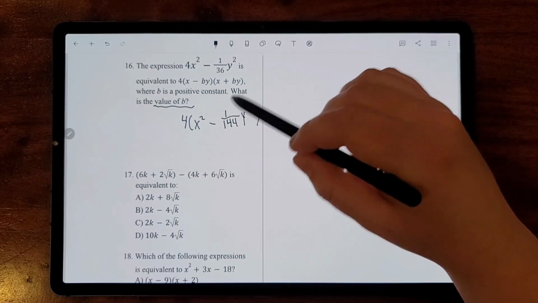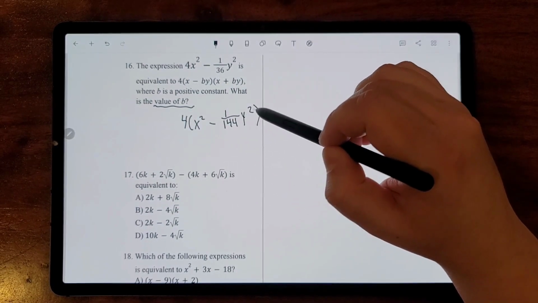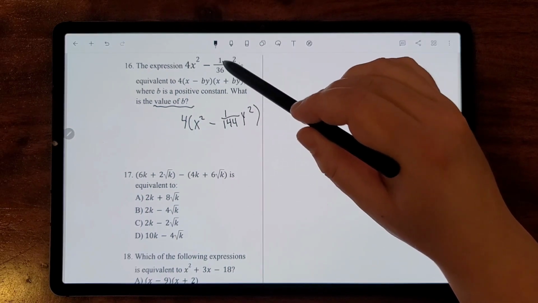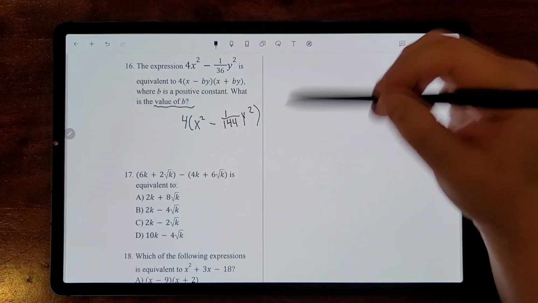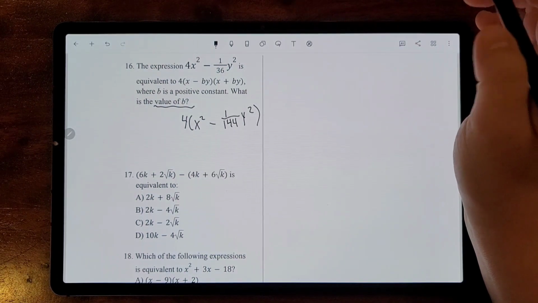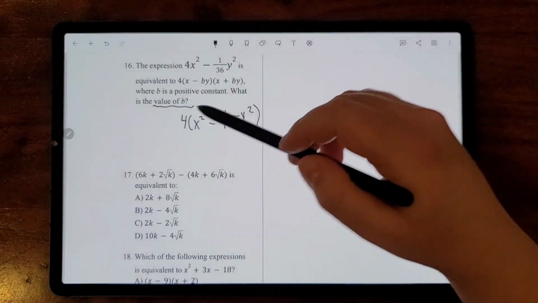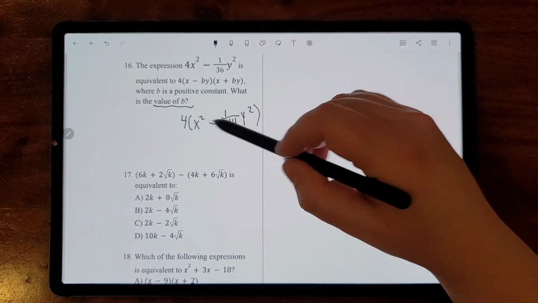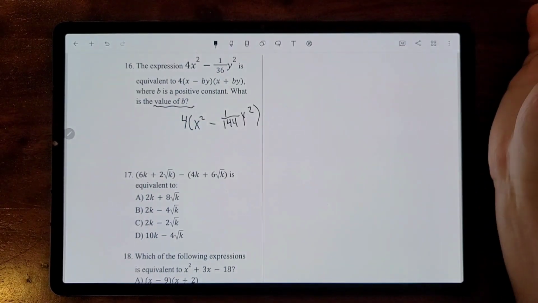And you can even check this because if I distribute this back, if I do 4 times 1 over 144 y squared, I'm going to get this original term when I simplify. So that's another way to think about it. If you don't see the factoring way of doing it where you're dividing that out, you can just guess and check numbers to multiply if you need to, but that's less efficient.